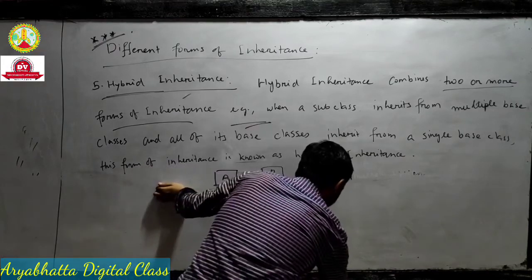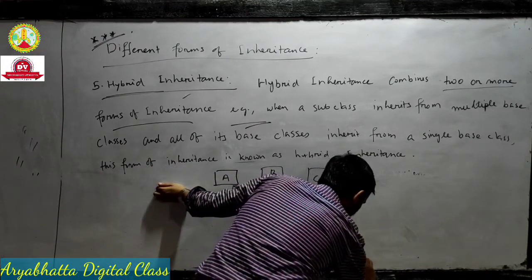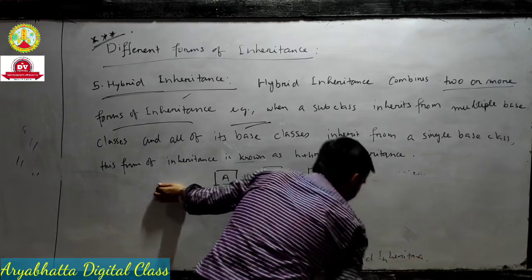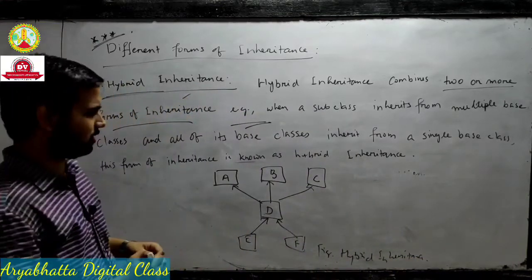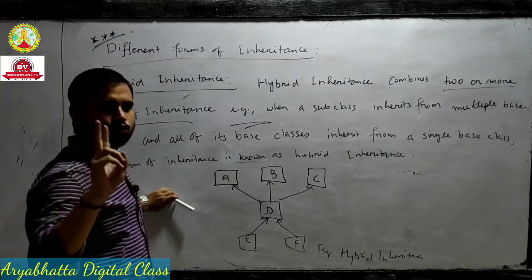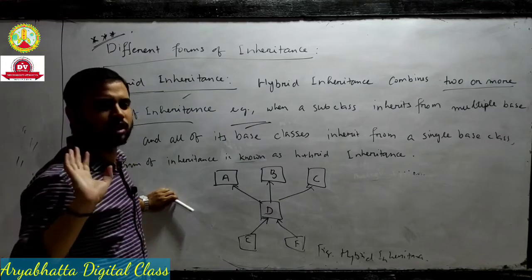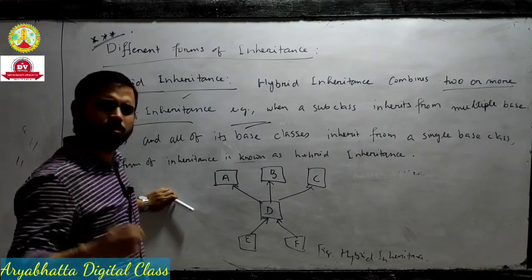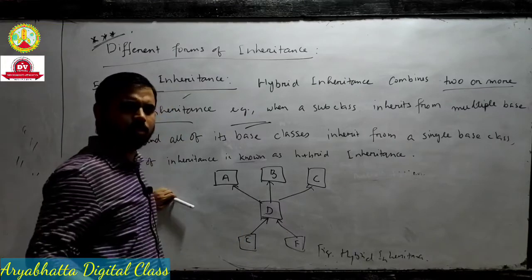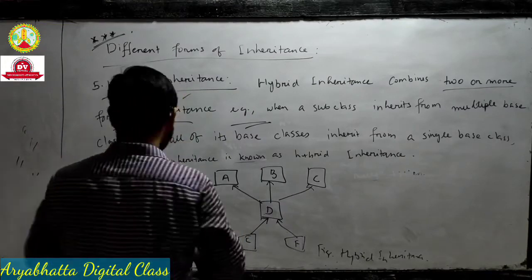You can also draw this diagram for hybrid inheritance. The previous one is also a hybrid inheritance diagram. I have given you two diagrams. If it comes in the exam, you have to draw any one. If you draw this one, it is correct. If you draw the previous one, it is also correct. Okay.